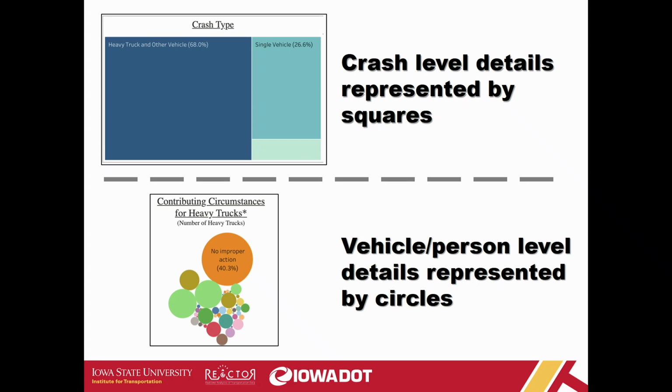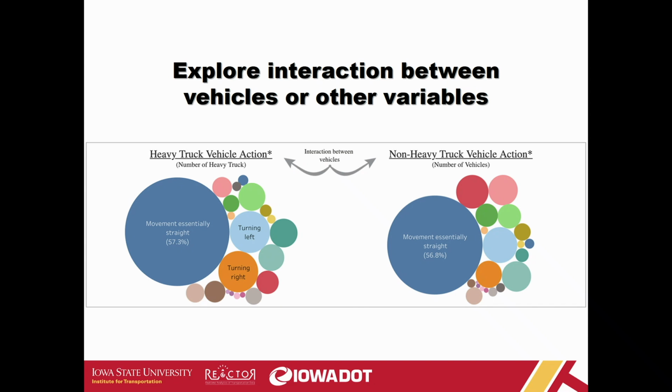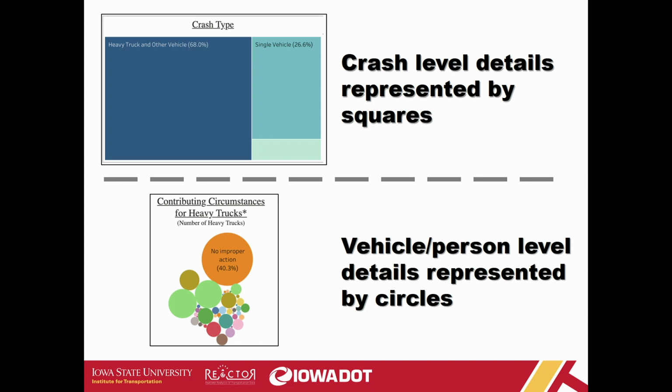So we again wanted to be strategic in how we represented that data, because even as an experienced user, it's often difficult to remember which of these attributes are vehicle level or crash level details. So to do this, we made sure that anything that was at the crash level was always in a square format, and then anything that's a vehicle or person level would be in the more circular or bubble charts.